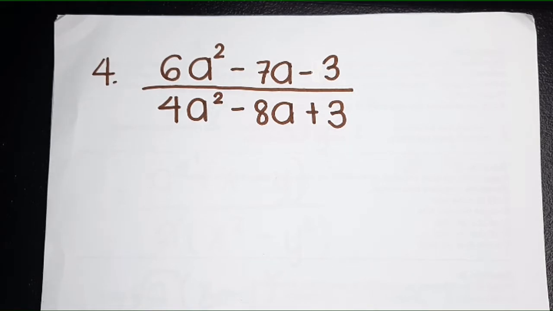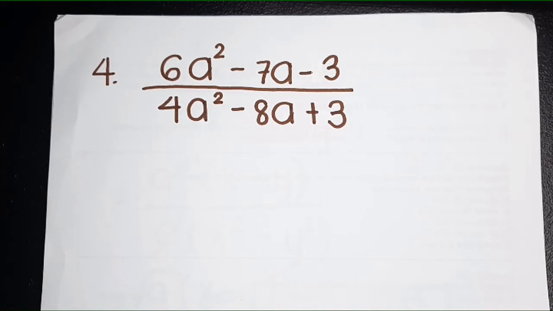Hindi, unlike if you have a difference of two squares or difference of two cubes or sum of two cubes, mas madali yon i-factor compared to a trinomial. Okay? Well, to factor trinomials, marami talaga ang gumagamit ng trial and error.